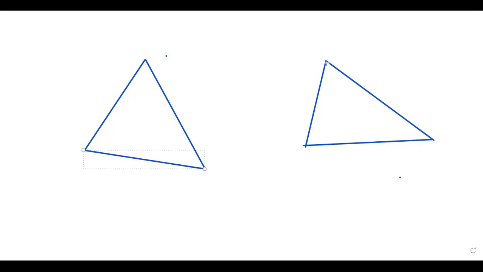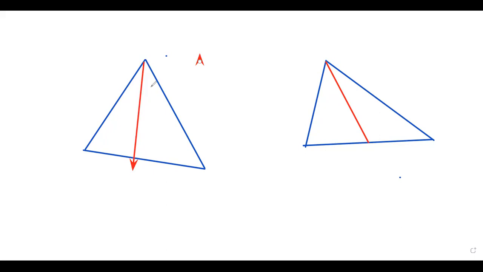The median of a triangle is the line segment drawn from any vertex that divides the base into two equal sides. But the angle bisector is the ray drawn from the vertex of any triangle and divides the angle into two equal angles.